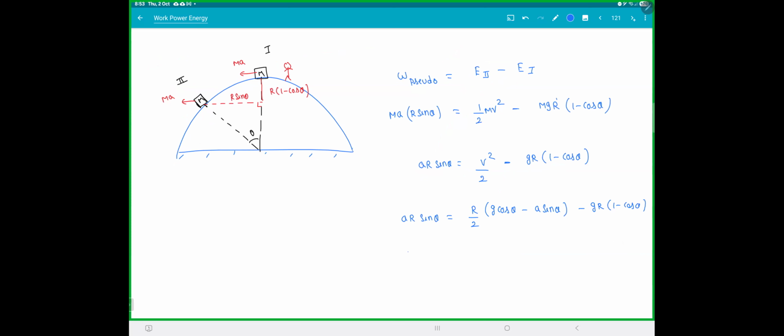R gets cancelled. g, nothing gets cancelled actually. ar sin theta, and that's also ar by 2 sin theta, so that will be 3 by 2 ar sin theta. This is rg cos theta, and that is 3rg by 2 cos theta. And that's minus gr.